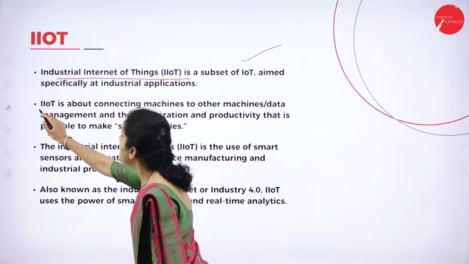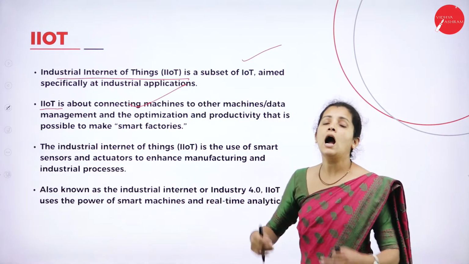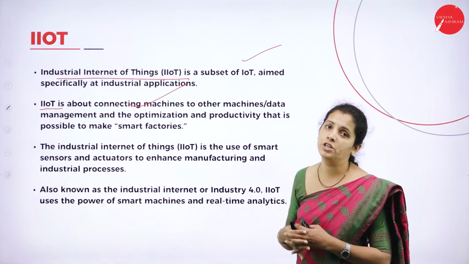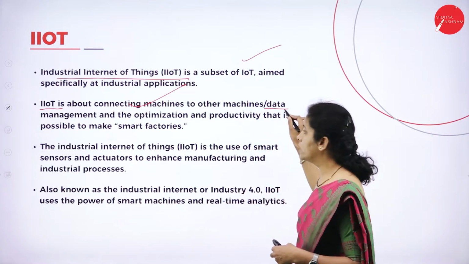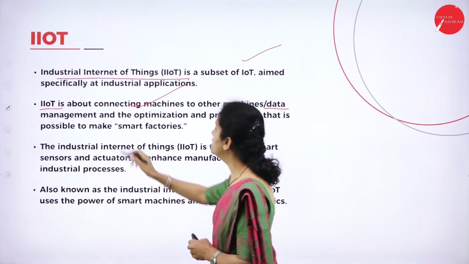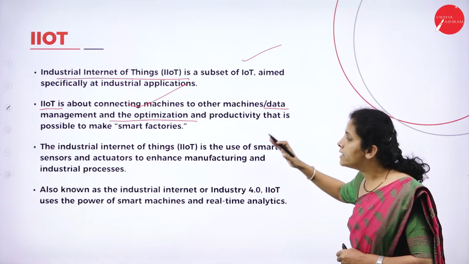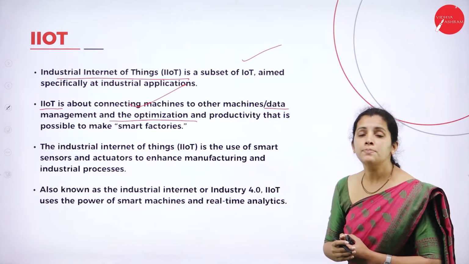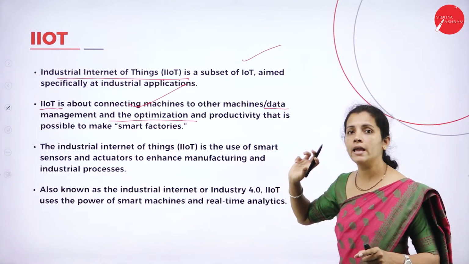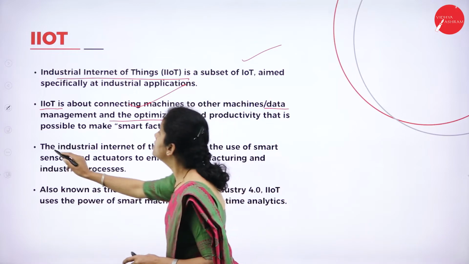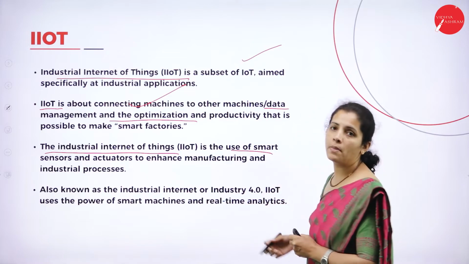So here IIoT is about connecting machines. That means how we can connect a machine to other machines by using IoT, along with data management, optimization and productivity, and how we can make a smart factory or smart industry by using IIoT. So here the Industrial Internet of Things is the use of smart sensors.